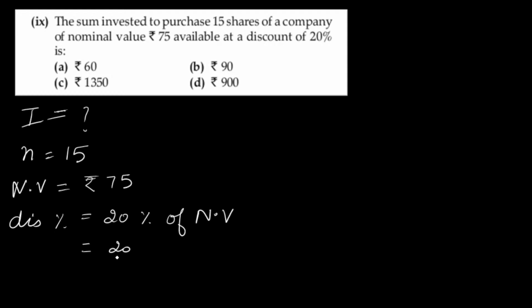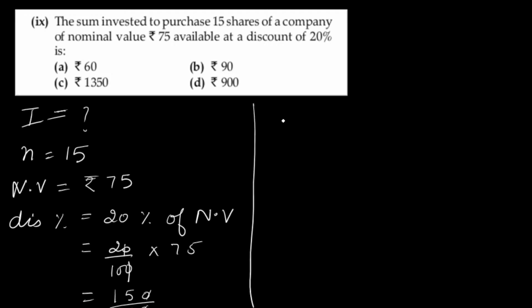So 20 by 100 into nominal value 75. Here we can do cancellation. 2 into 75 is 150 by 10. So discount is equal to rupees 15.